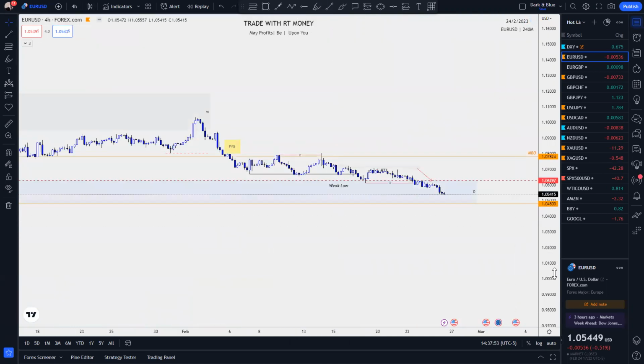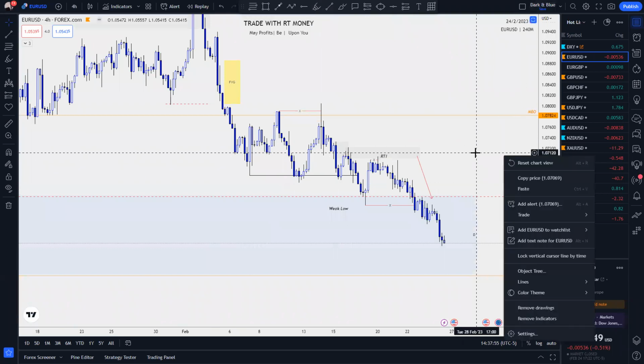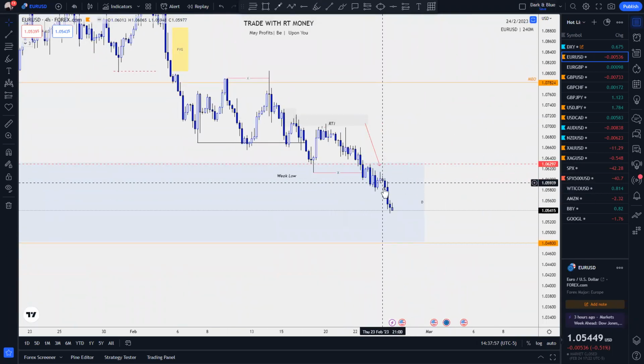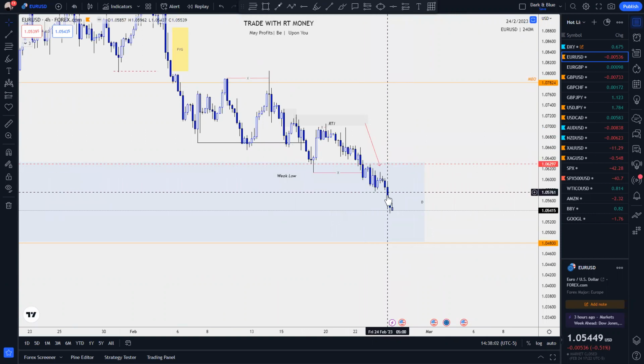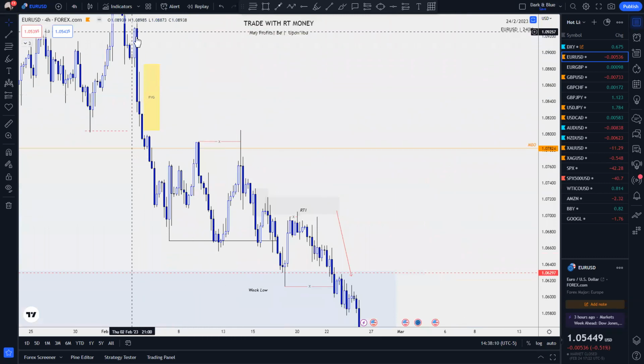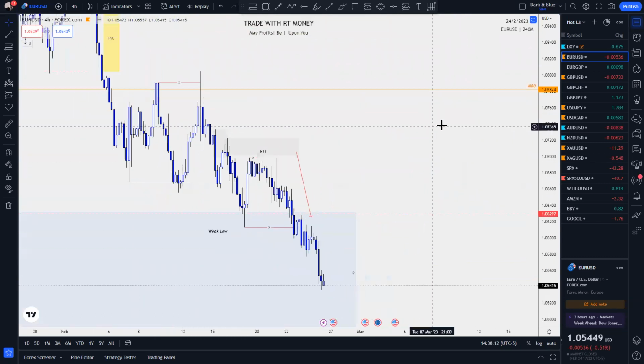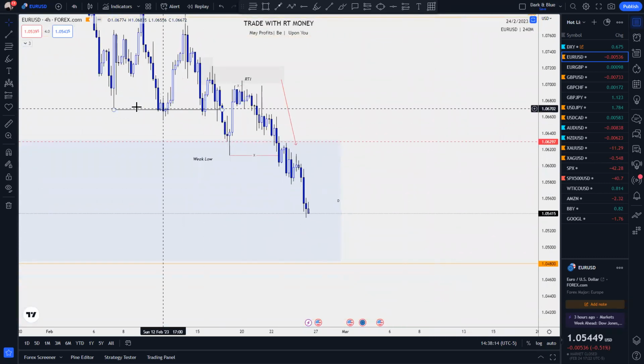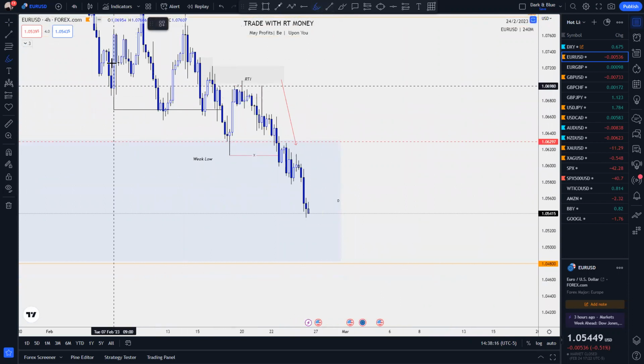So what do we expect for the Euro USD this week? I'm expecting price to continue down. But you see how this movement is kind of impulsive in my view. Not as impulsive as this news candle over here, but it's still an impulsive move.